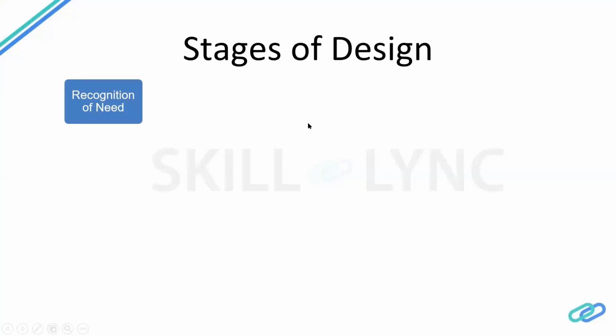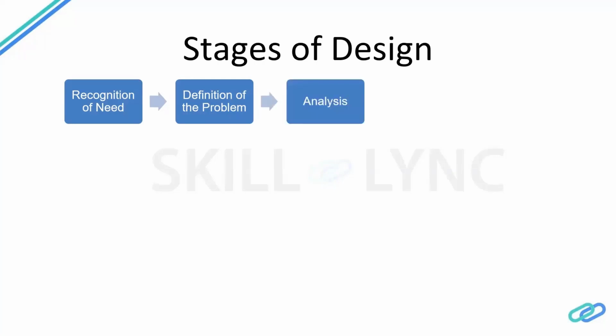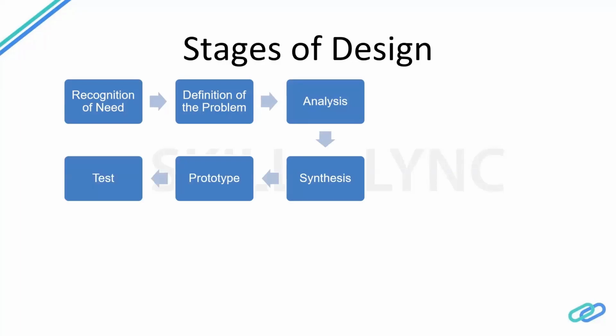We recognize the need, and then we convert these qualitative parameters into quantitative parameters by defining the problem, in terms a designer can work on. Then we do the analysis, then synthesis, then prototype building, then testing of the prototype, and ultimately the product goes to market.